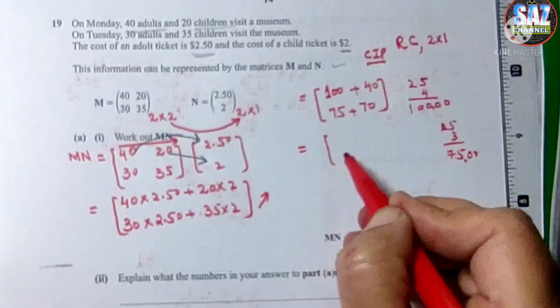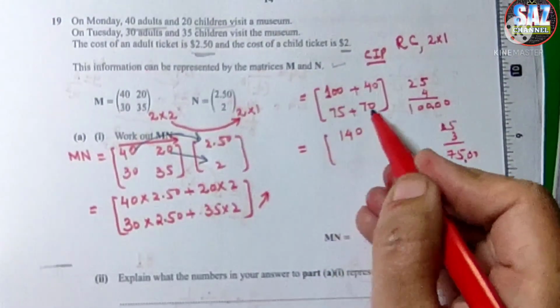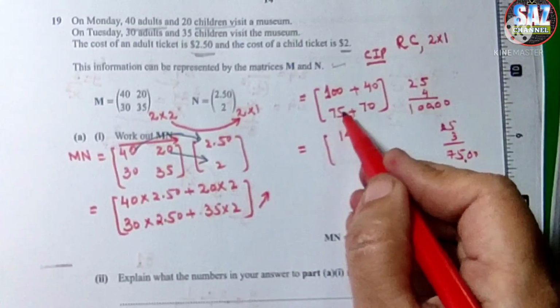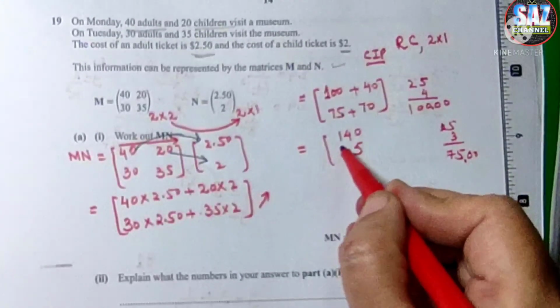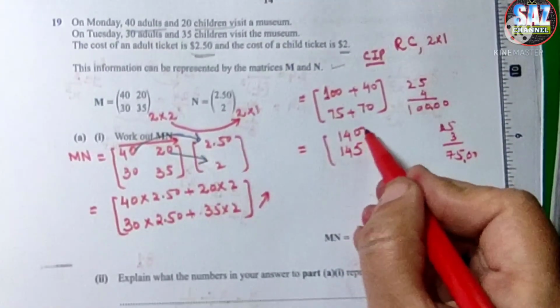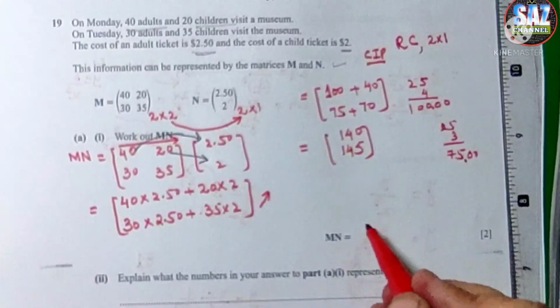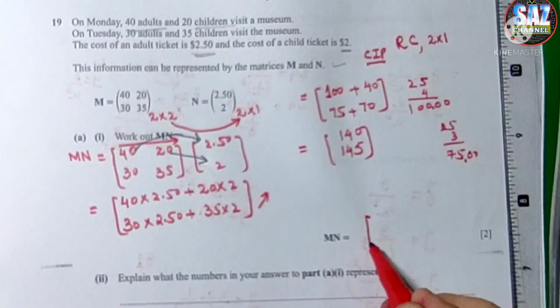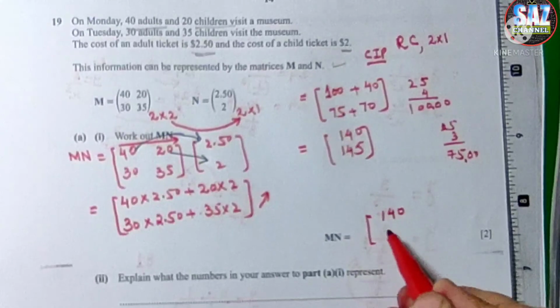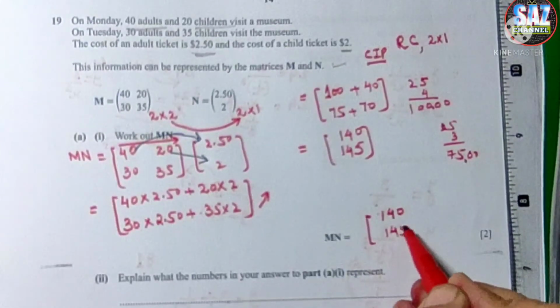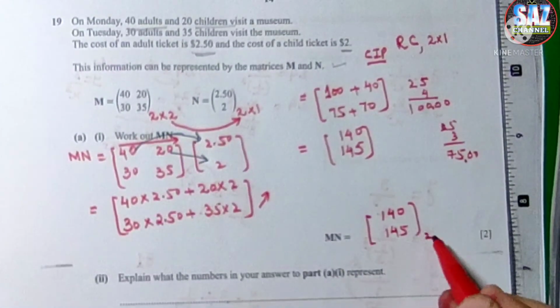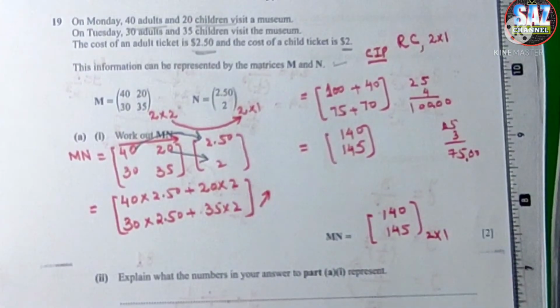Now this will become 140, and 0 plus 5 is 5, and 7 plus 7 is 14, and 145. So the product that we are getting has answers 140 and 145, and it is having the order 2 by 1. Really easy questions.